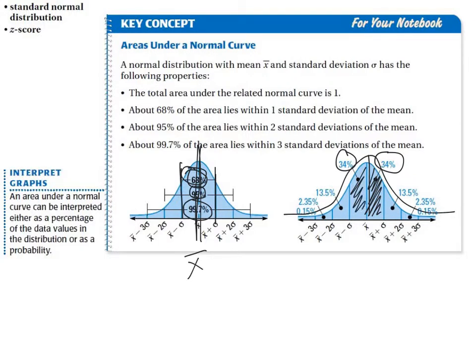And 1 deviation down is also 34%, and as the deviation goes farther away from the mean, the percentage that's under that curve is lower. Notice that this curve actually never touches 0. It's almost like an asymptote at 0. So you can actually have 10 deviations away. It's just that the percentage under the curve would be close to 0.